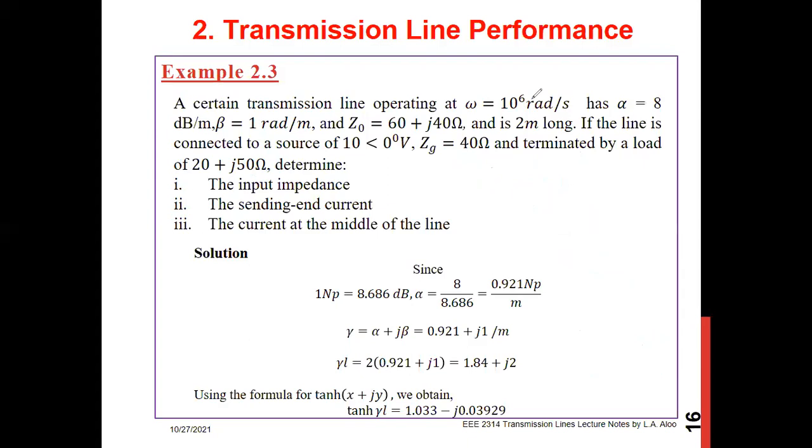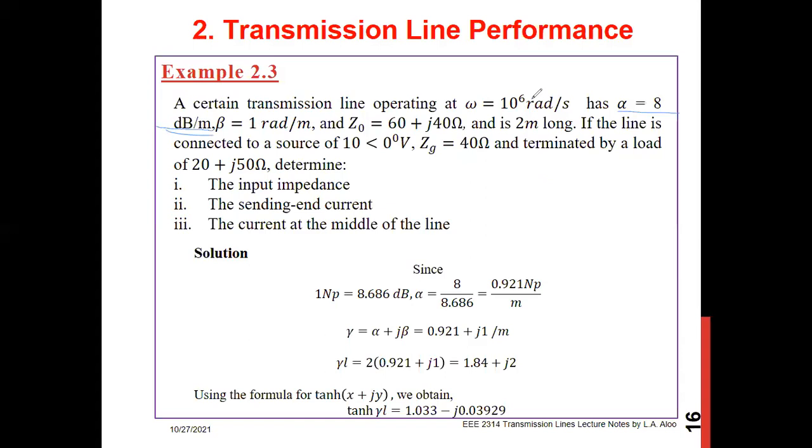So there are some preliminary calculations that we need to carry out. We first of all begin by recognizing that the attenuation constant has been given in decibels per meter, so we have to convert it to nepers per meter.